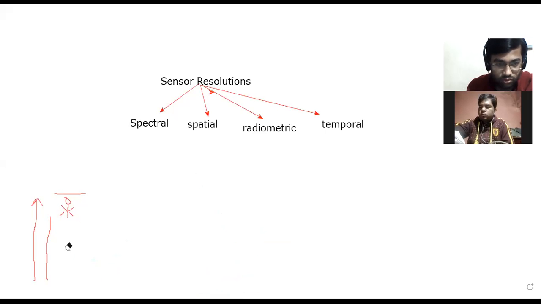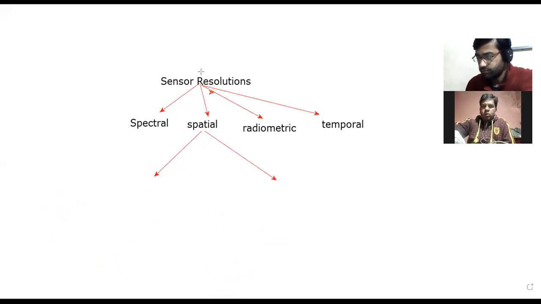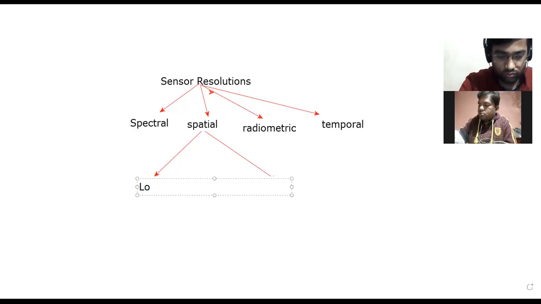So again, based on spatial resolution, we have two types of sensors. One is low resolution, also called coarse resolution.